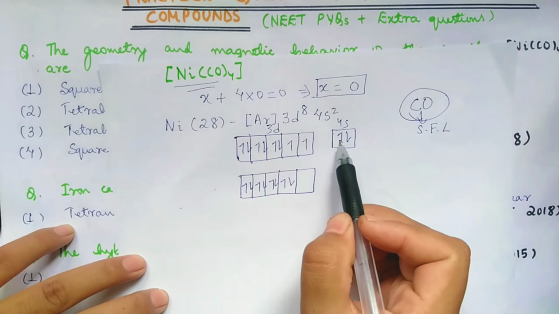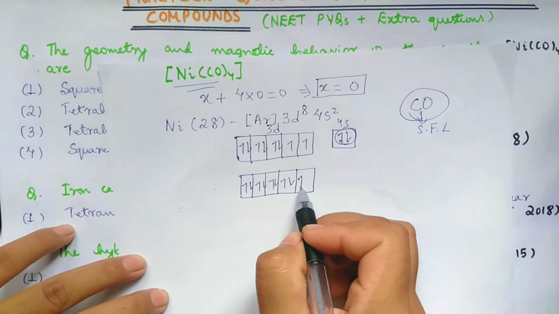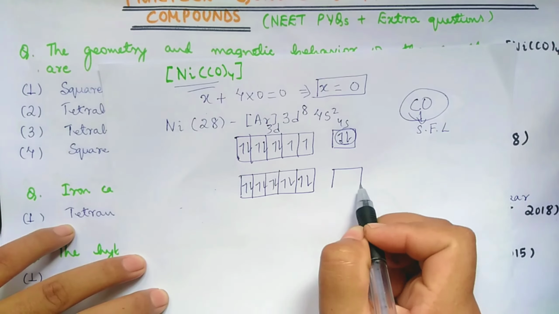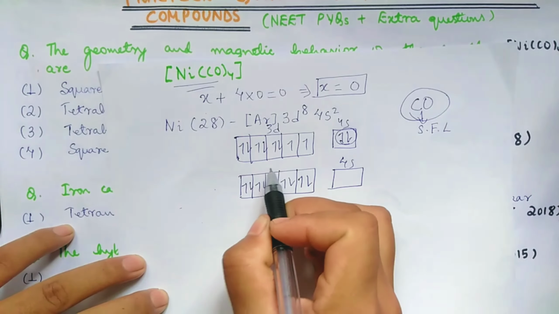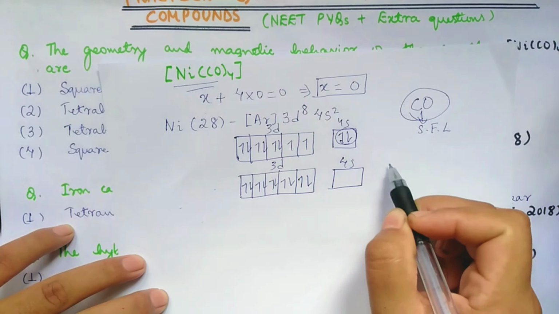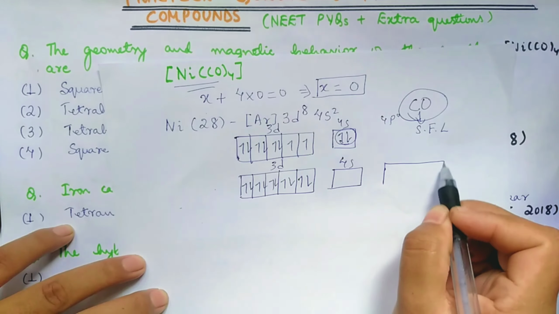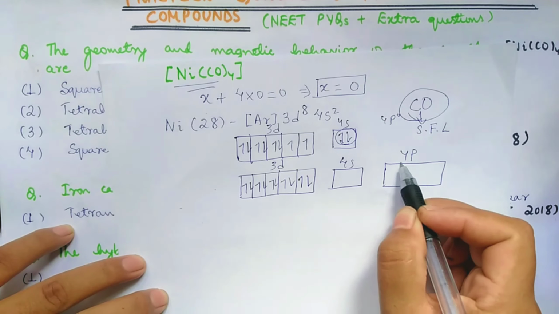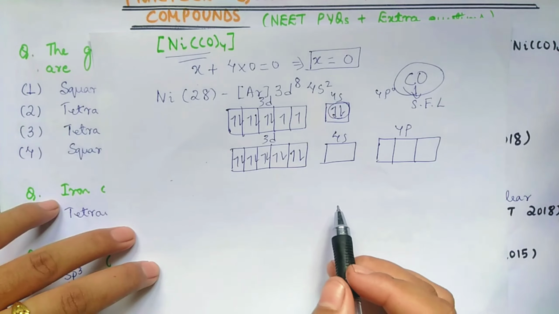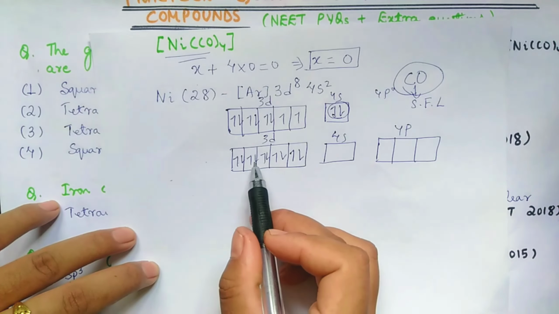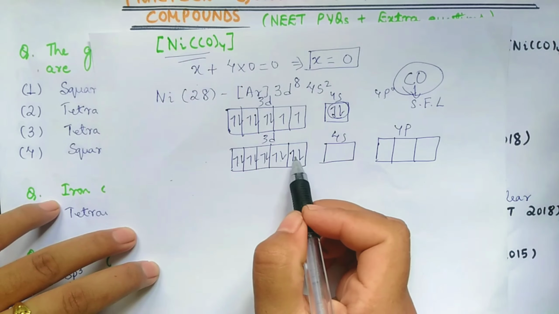And also these two come here, so that the s orbital is available. We also have the 4p0. 1, 2, 3, 1, 2, 3, 4, 5.